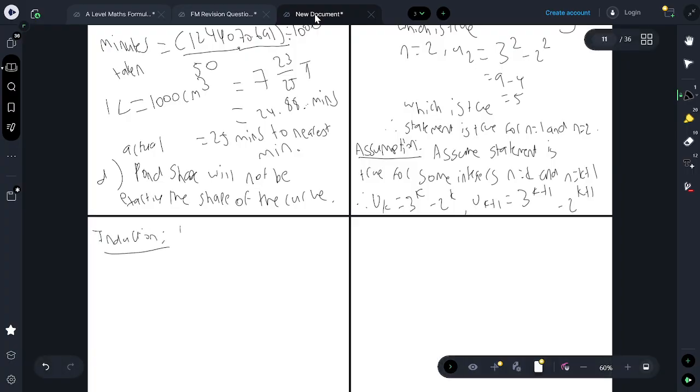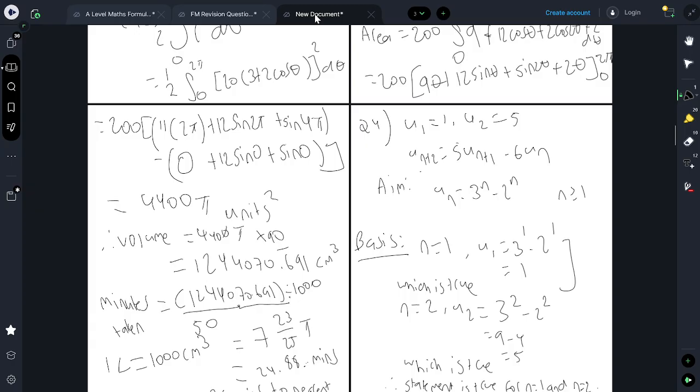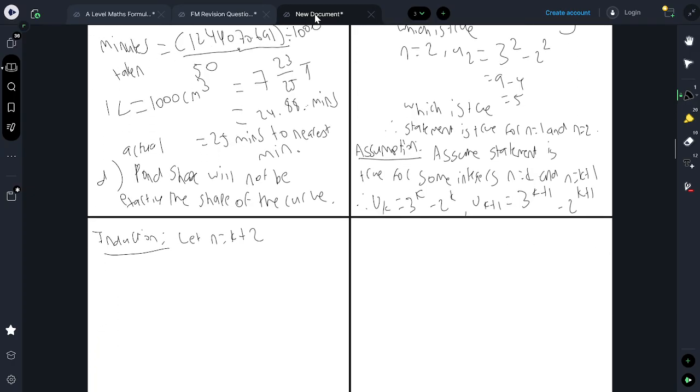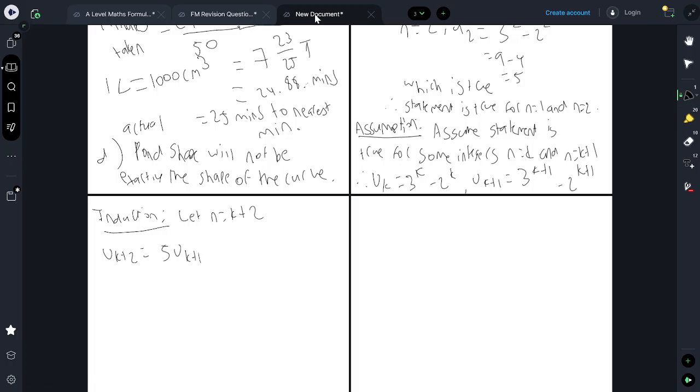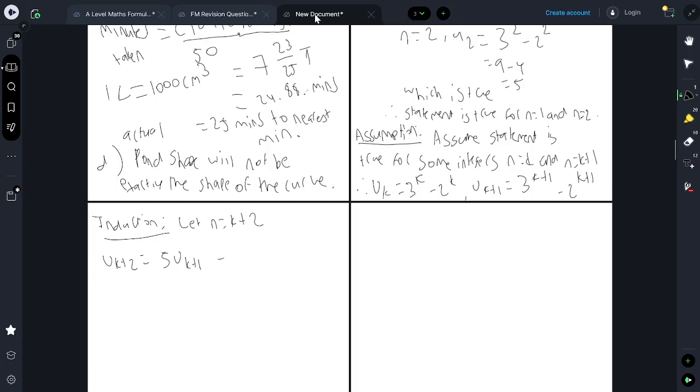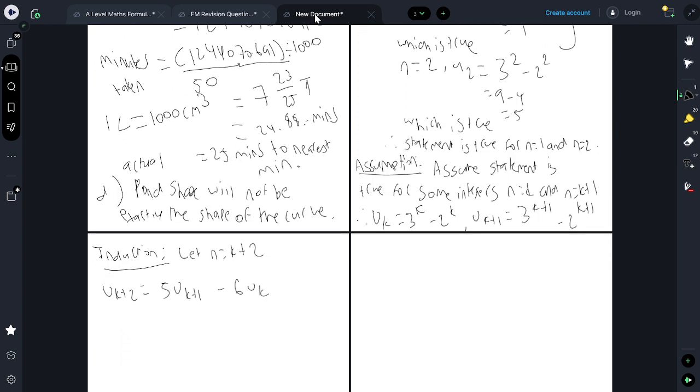Now we're going to let n be the next number, so let n be k plus 2. We need to use the recurrence relation we are given and then get to this form. That's how induction works. This is why we needed two assumptions, because we need two different numbers. So U(k+2), remember, is 5U(k+1) minus 6Uk.